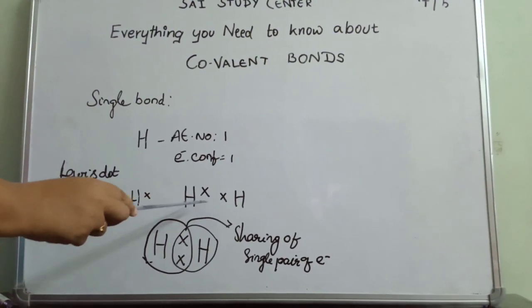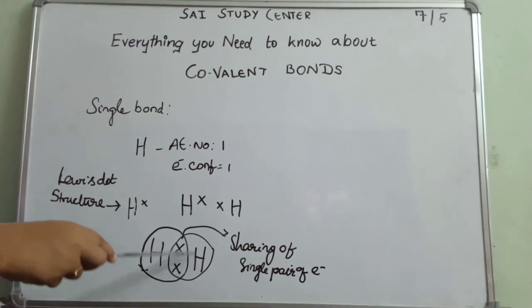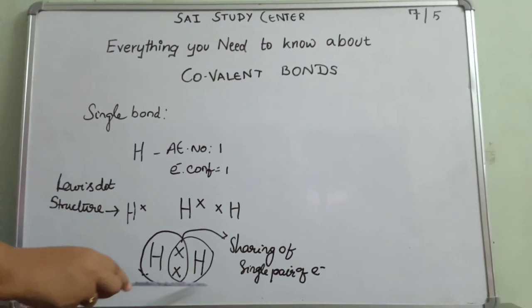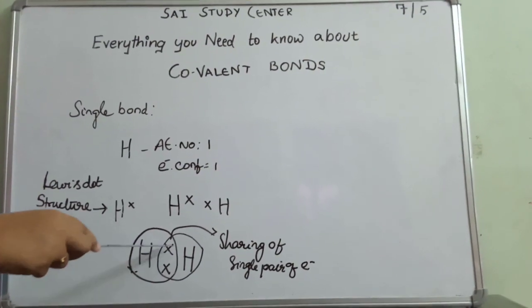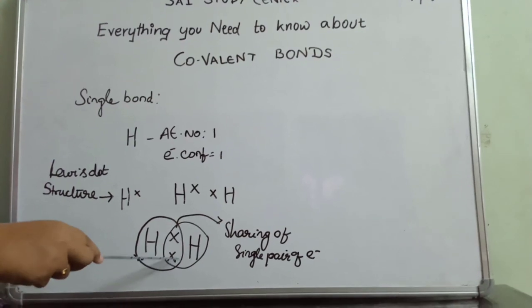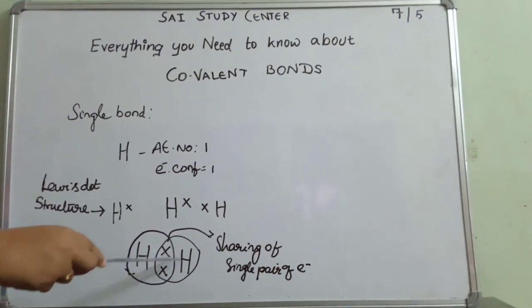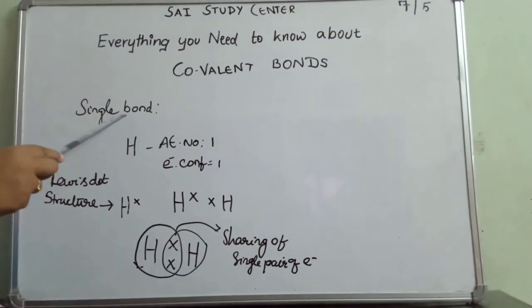One hydrogen will then have 2 electrons in its outermost orbit, and likewise this hydrogen also will have 2 electrons in its outermost orbit. Both hydrogen atoms share 1 electron each, they share a single pair of electrons, and they exist in nature as H2. Thus, sharing of a single pair of electrons constitutes a single bond.